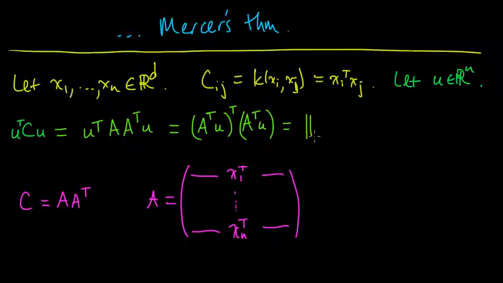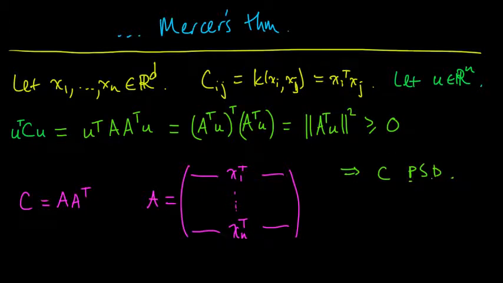So this is the squared Euclidean norm of A transpose u. The Euclidean norm is always non-negative, so u transpose C u is non-negative, and therefore C is positive semi-definite.